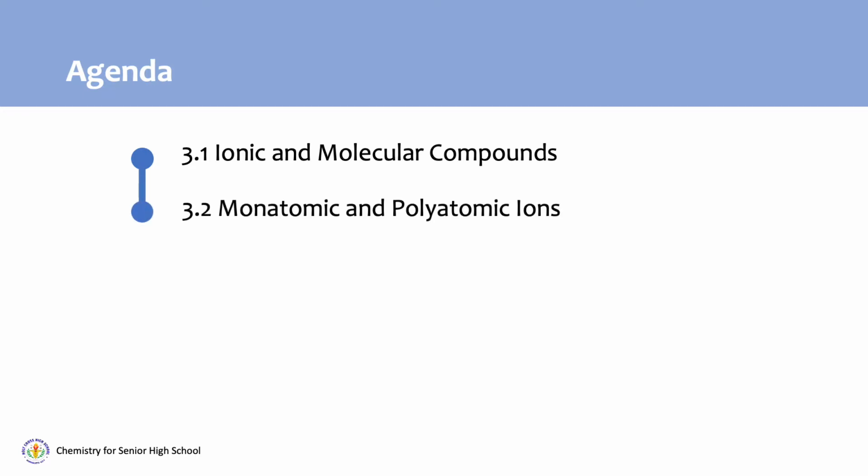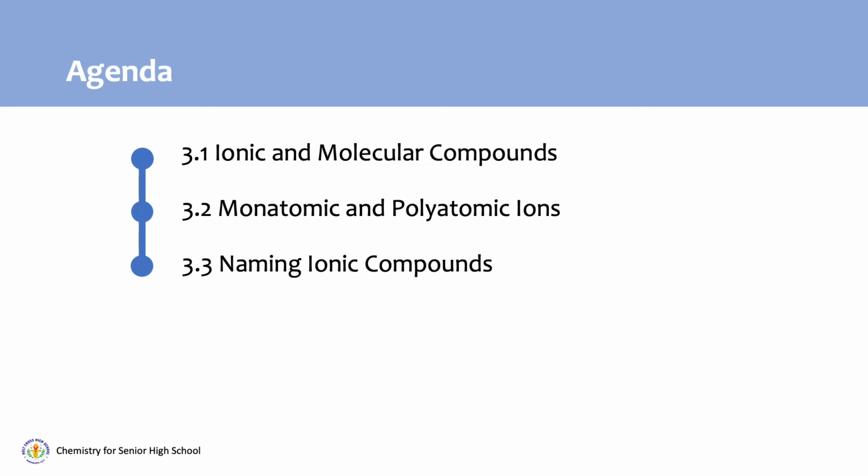In order for us to achieve our learning objectives, we must have an agenda. Up first, we have lesson 3.1, which is all about ionic and molecular compounds. Up next, lesson 3.2, which is all about monatomic and polyatomic ions.